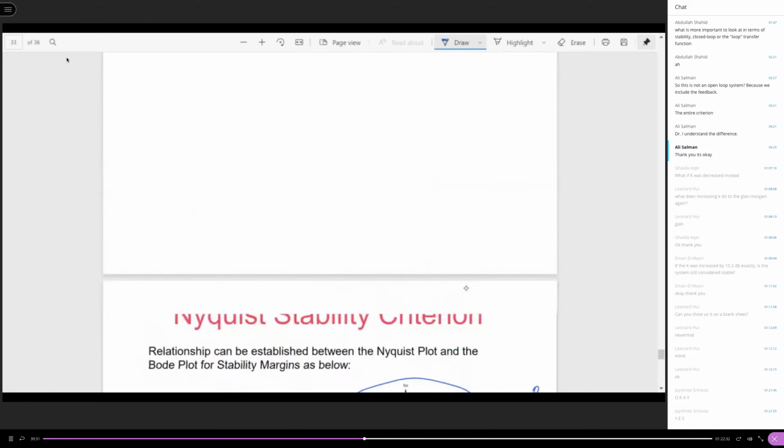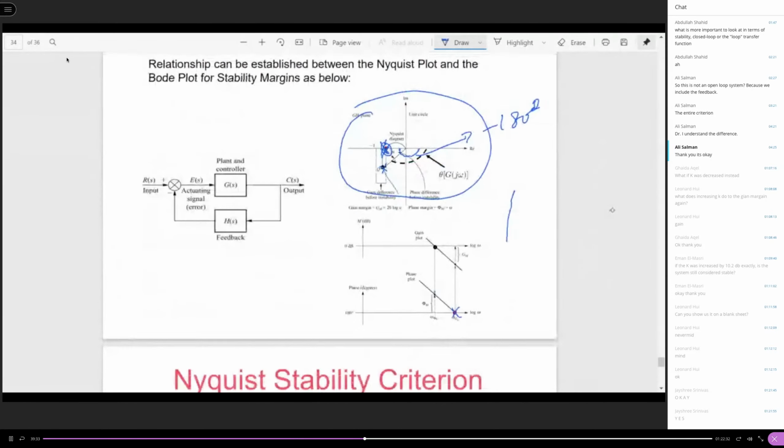So if you want to identify this point on the Bode plot, you need to identify first where is the minus 180 degrees line. Where is the minus 180 degrees line?